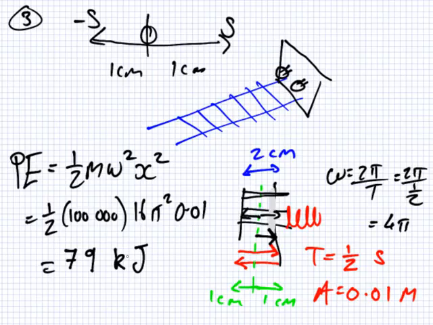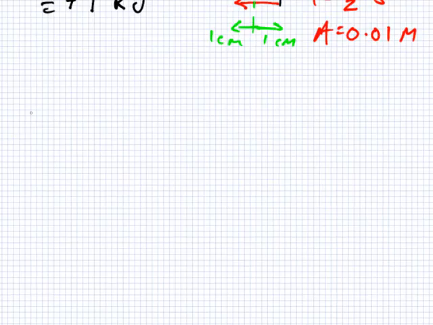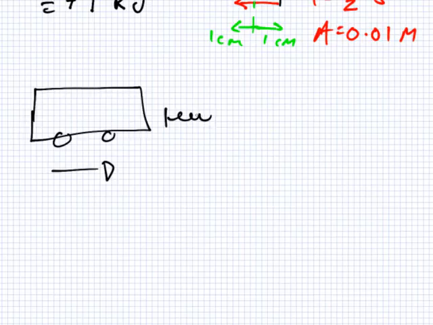Now, you could actually work out how fast the train was going when it hit the bumper. Because you can say that the potential energy here should equal the kinetic energy of the train. I don't ask it in the question, maybe I will next time, but the train is moving and then it hits the spring.